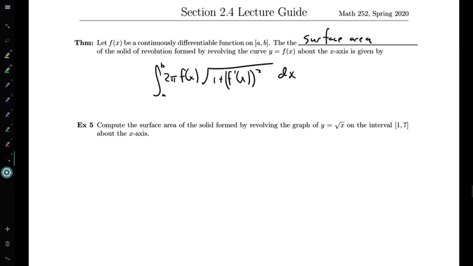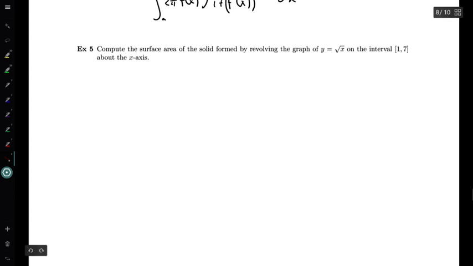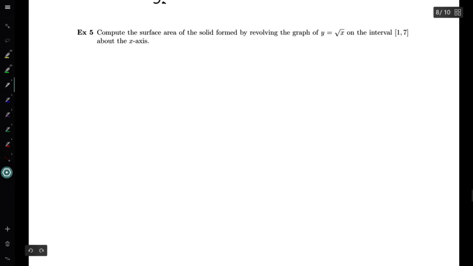So example number 5 says compute the surface area of the solid formed by revolving the graph of y equals root x on the interval 1, 7 about the x-axis. So here, if we draw our usual picture, we are interested in the interval from 1 to 7. The square root of x looks something like this on that interval.